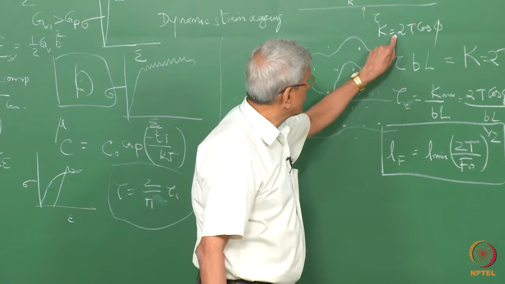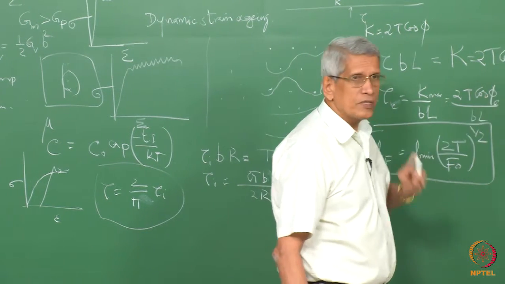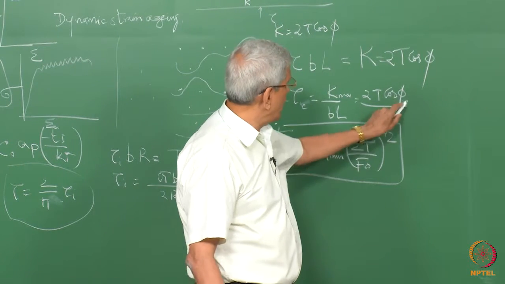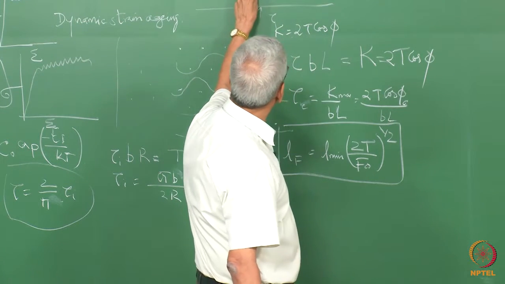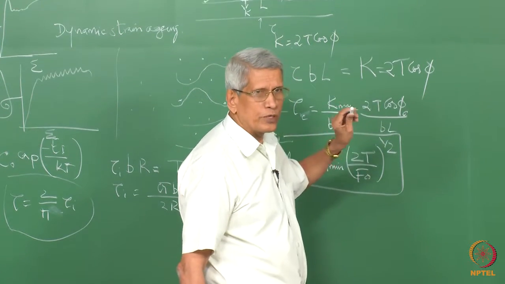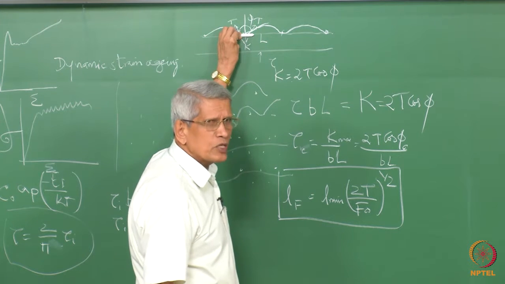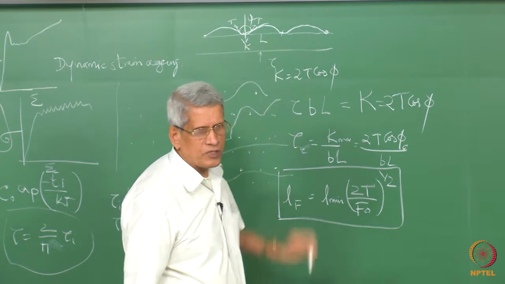In this case, we can consider two cases. Suppose this phi becomes 90 degrees, then K max will be equal to 2T. Then the dislocation is essentially a straight line which just cuts and goes with whatever stress is being applied.